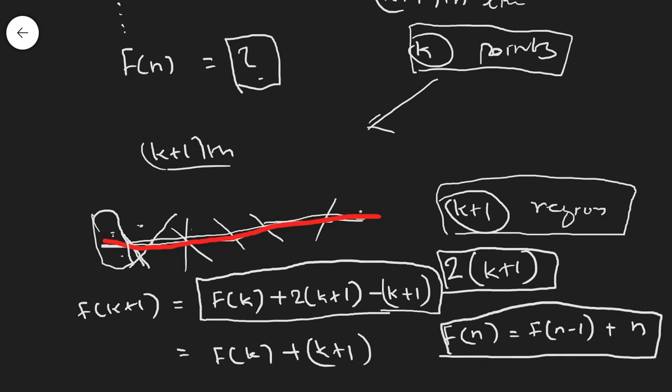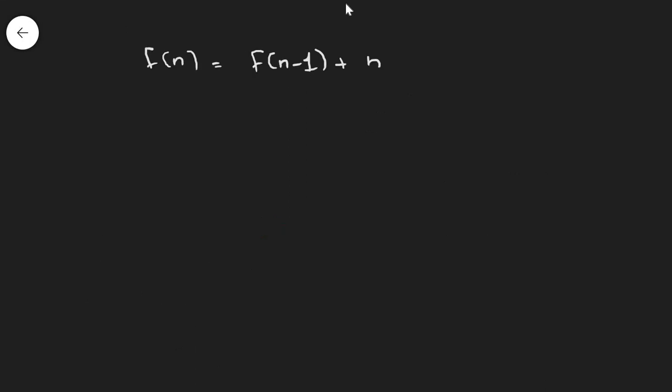So we can put it here instead of the question mark. f of n is f of n minus 1 plus n. Now this is interesting. We can substitute f of n minus 1 as f of n minus 2 plus n minus 1, together with this n.